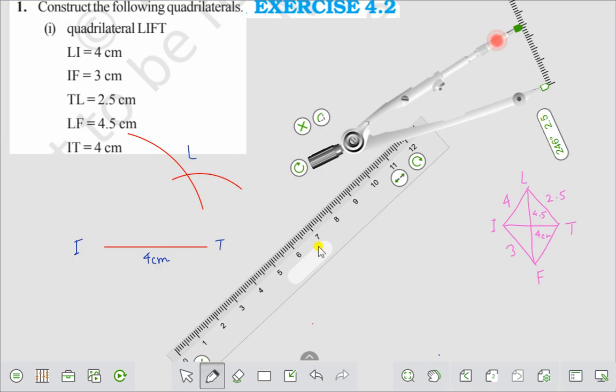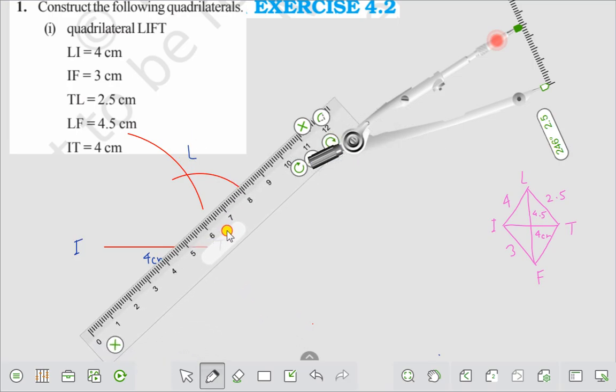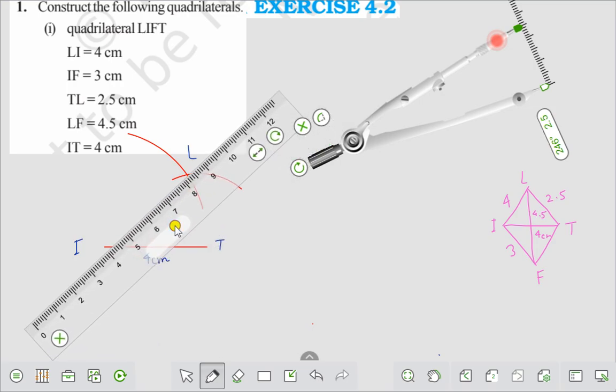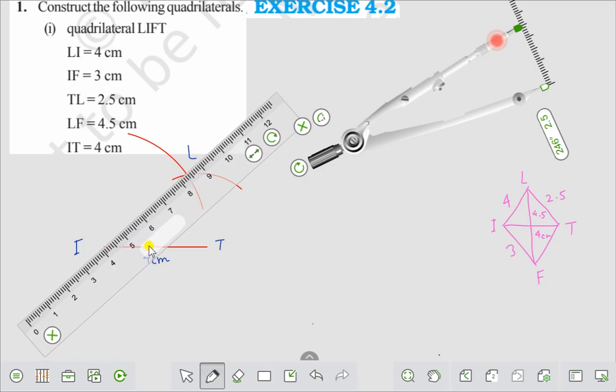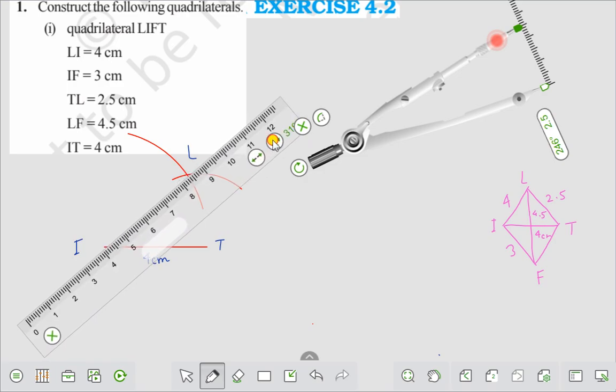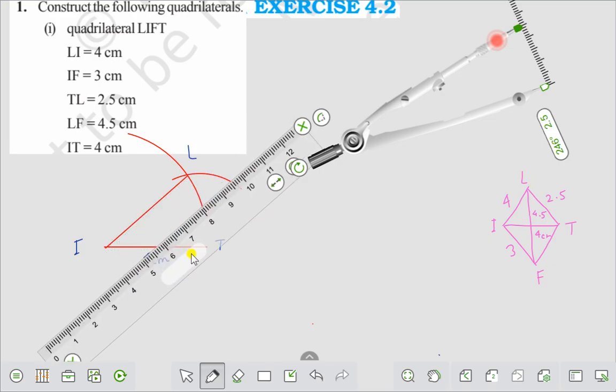Here we will join this one with the help of our ruler. Join IL and also join LT. LT is 2.5 cm.